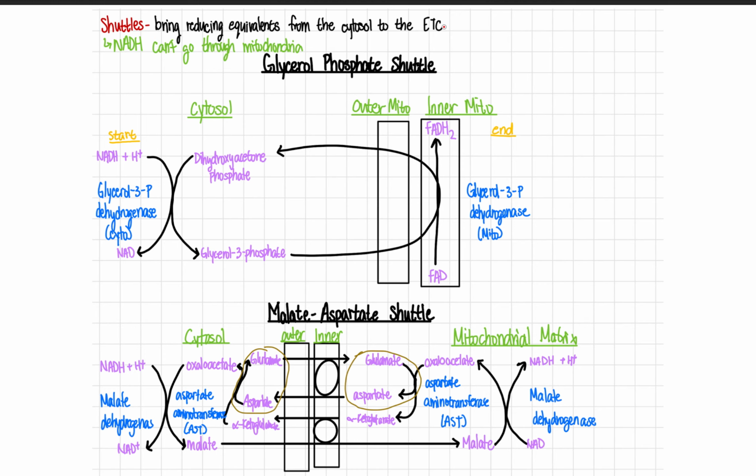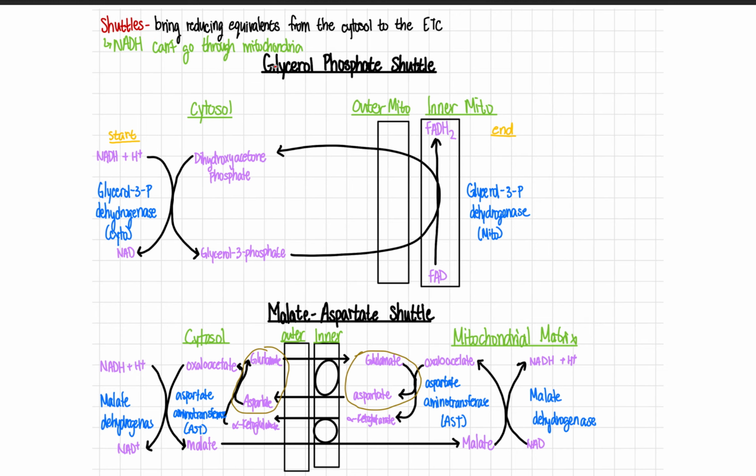So this is really used for NADH produced by glycolysis in order for it to get back to the mitochondria for the electron transport chain, but it can be used in other instances. So NADH cannot go through the mitochondria. Since NADH is not permeable to go through the mitochondria, that is the whole purpose of us having these shuttles, to bring these reducing equivalents more easily into the mitochondria for the electron transport chain.